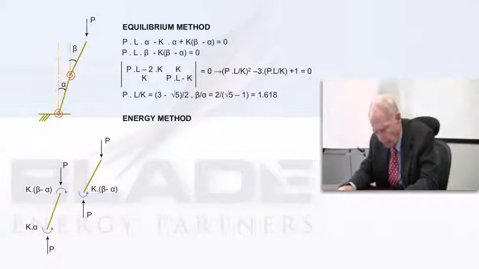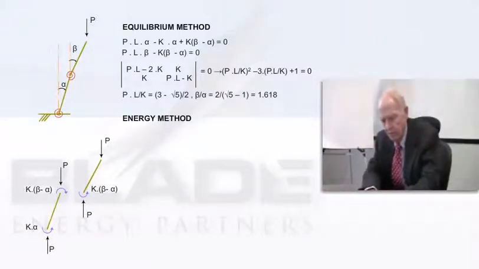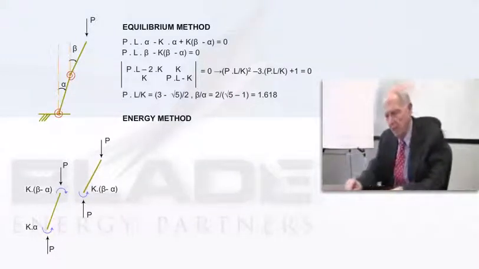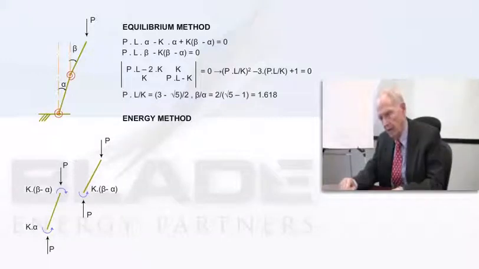then I've written out the energy of the springs. Remember, they both have the same torsional spring constant, and this is just straightforward geometry. I take the variation, which means I can be a little more explicit here. I let alpha go to alpha plus delta alpha, and I let beta go to beta plus delta beta.